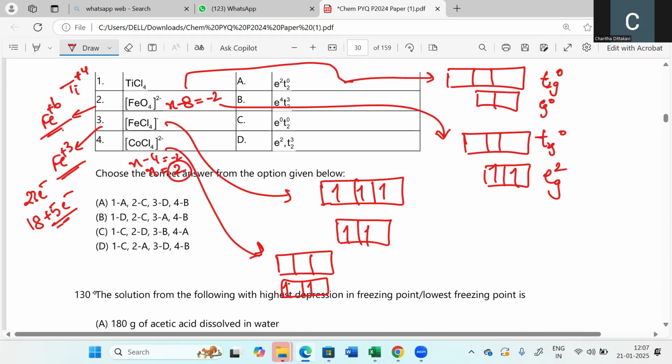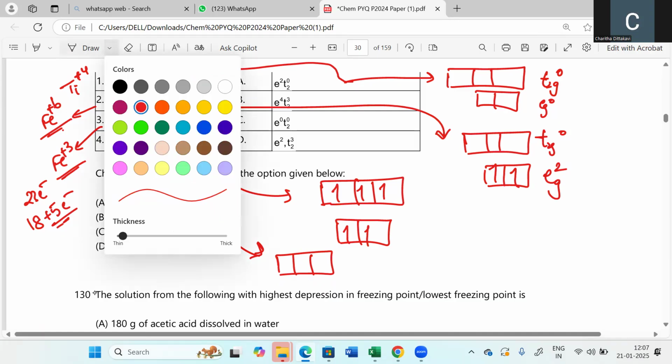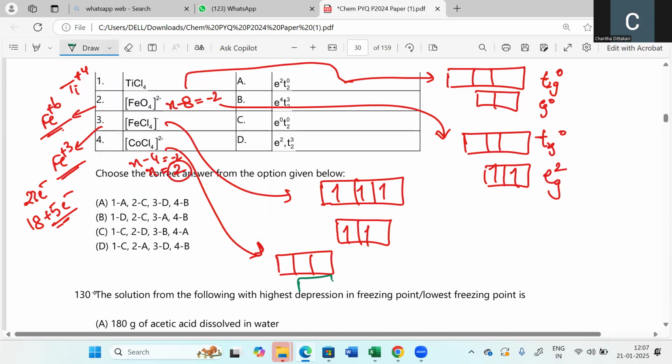First, fill up these: 1, 2, 3, 4, 5, and then 6, 7. Right? So EG has 4 and T2G has 3 only. Now you just have to match it up. That's it. Option D.